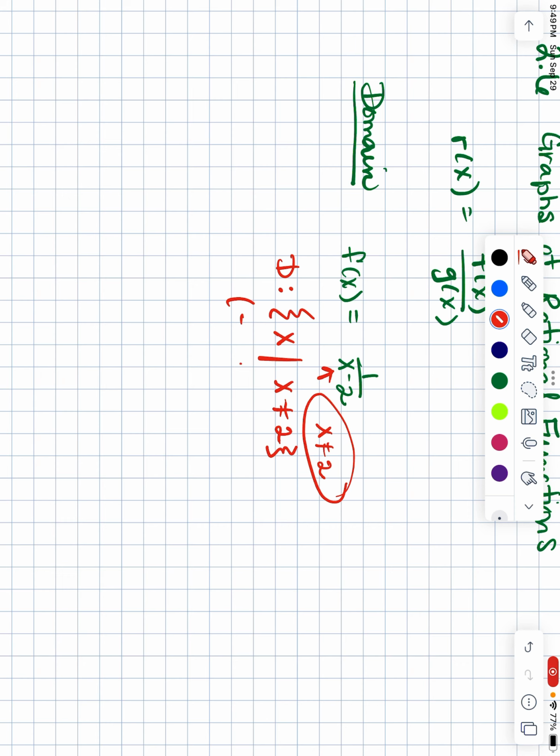So it'd be everything from negative infinity to 2, not including 2, and everything above 2 to positive infinity, again not including 2. So that would be the interval notation way of saying I can't have 2 in the denominator because I know that's going to give me a 0. So short and sweet, to the point, if you're asked to find the domain of a reciprocal function, all you're really doing is trying to figure out where the denominator is equal to 0.